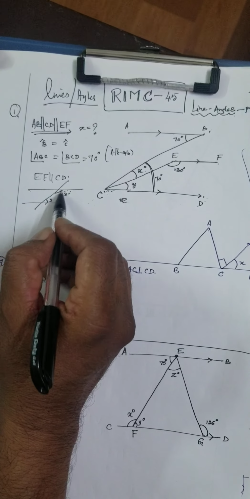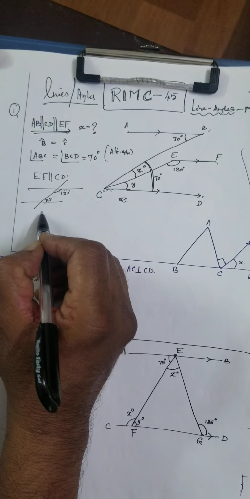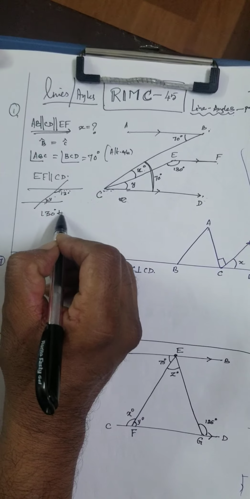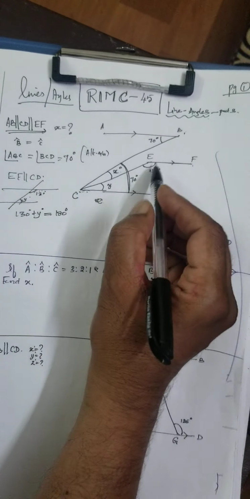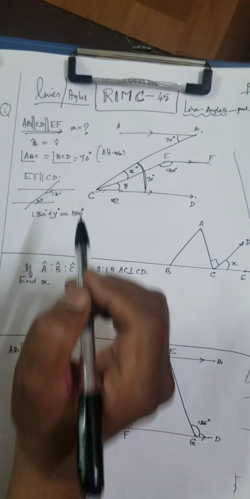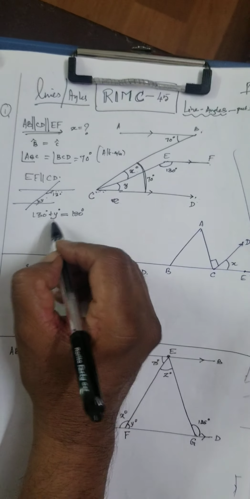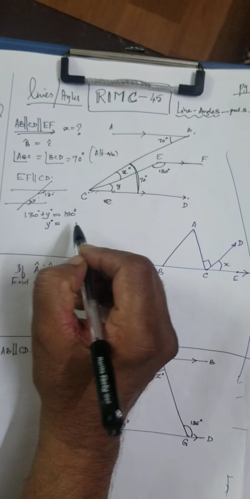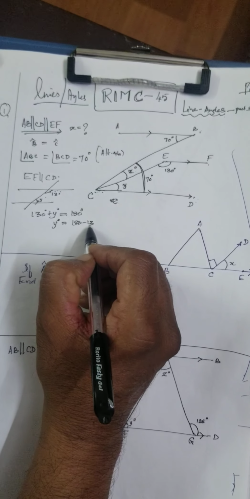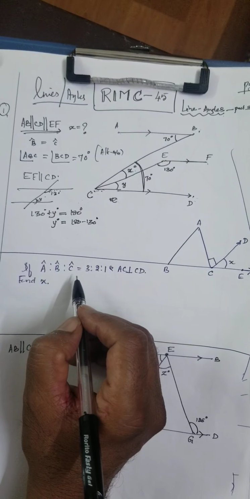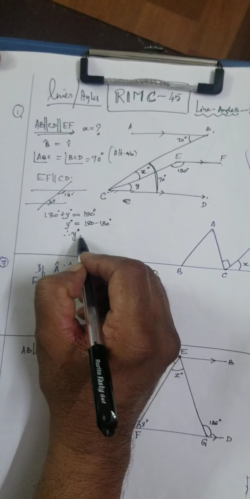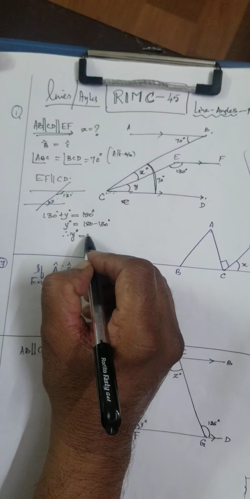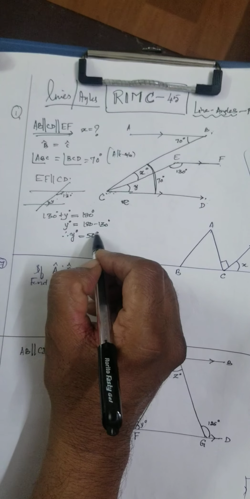The sum of this, 130 plus Y degrees, is equal to 180 degrees. Therefore, Y degrees is equal to 180 minus 130. Therefore, Y is equal to 50 degrees.